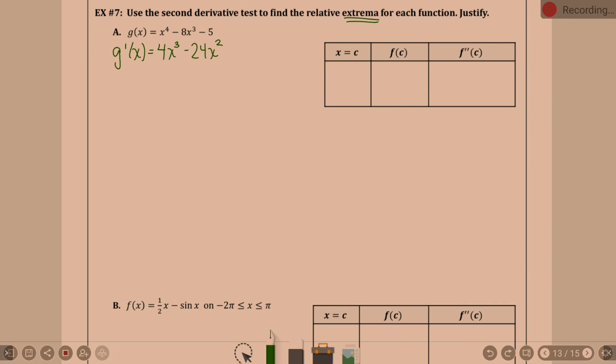So we do still need to find our critical values. Yes. Okay, so if we go ahead and find our critical values here: 4x cubed minus 24x squared equal to 0.